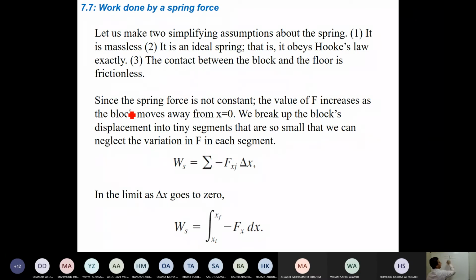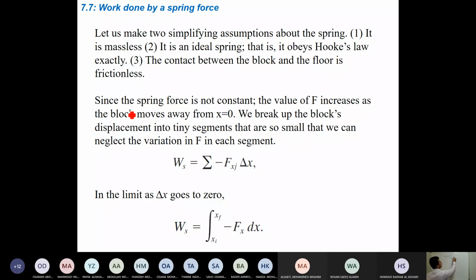Suppose that you are pulling this block away from it. What you do is say that if I move the block only by 1 centimeter, even though the force changes, it is almost the same. So I consider an average force for this distance only. Then from 1 centimeter to 2 centimeters, when I move the block, there is again some force, which is a little bit larger, but I can take an average of that again.